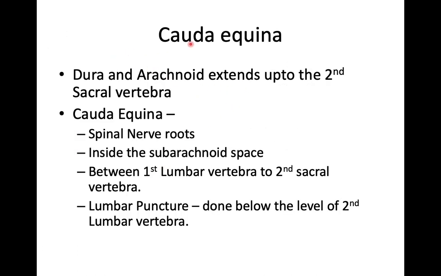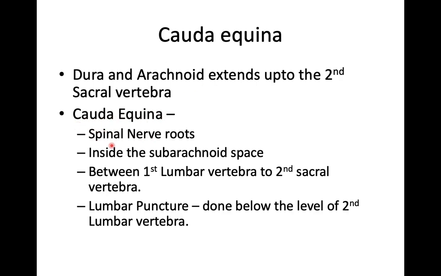Coming to the cauda equina. Cauda equina is a specific term related to the spinal cord alone. The dura and the arachnoid mater extend up to the second sacral vertebra. Beyond this level of the second sacral vertebra, there won't be any dura or arachnoid mater.